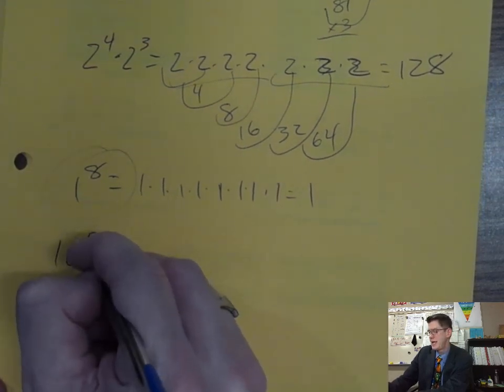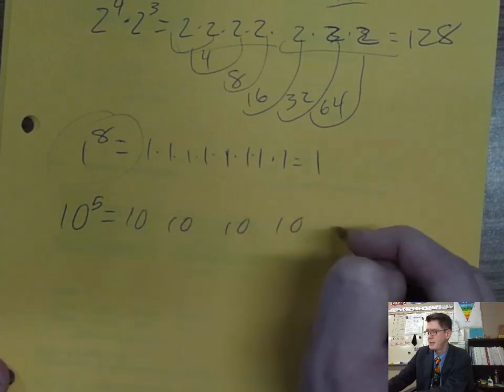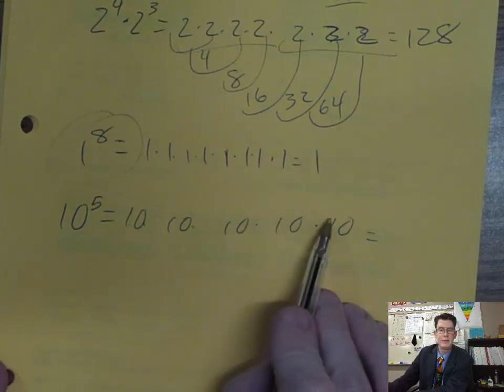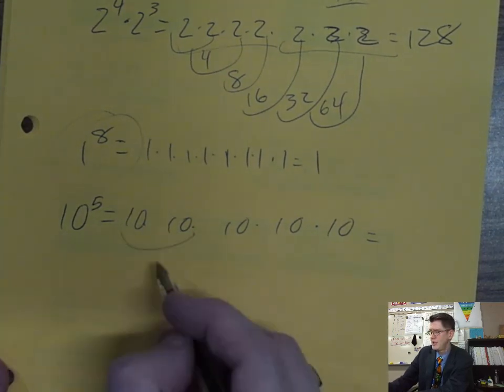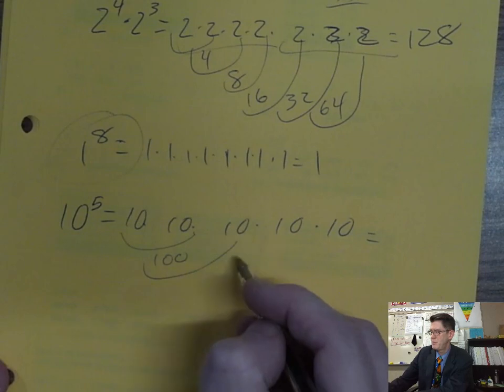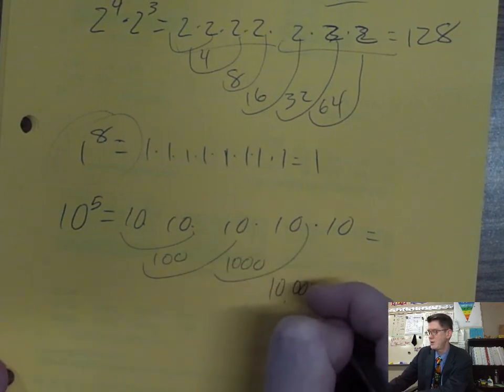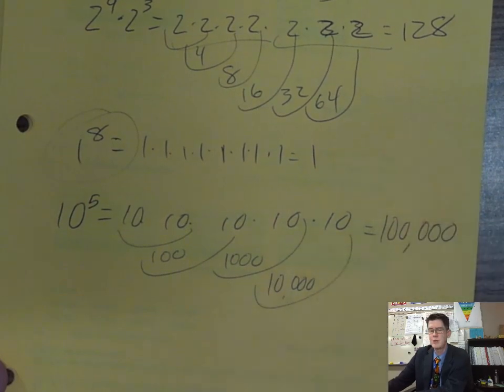And what about 10 to the 5th? 10 times 10 times 10 times 10 times 10. 10 times 10 is 100, times 10 is 1,000, times another 10 is 10,000, times another 10, we've got 100,000.